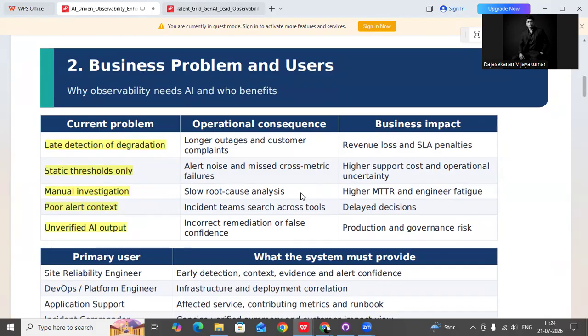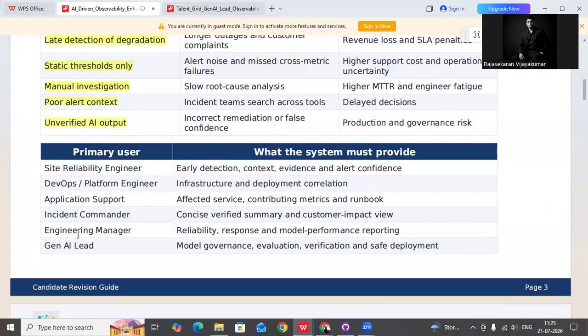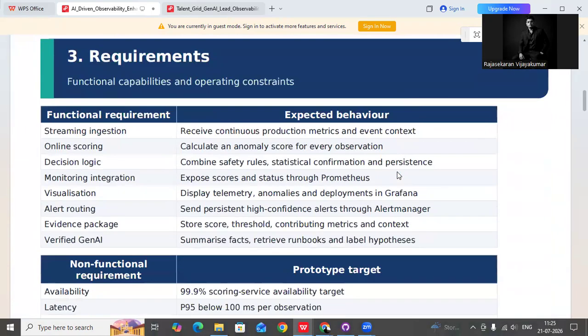Now what we wanted was a solution where the primary users would be, for example, the site reliability engineer, who would be able to detect failures as soon as possible. Similarly, there were certain other roles associated.